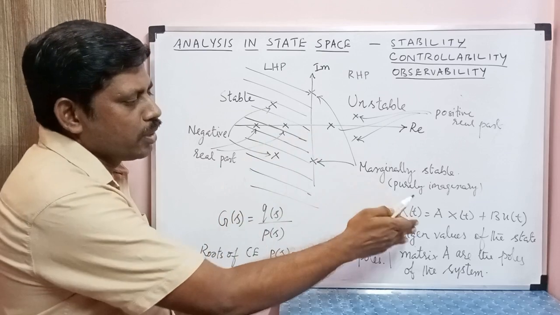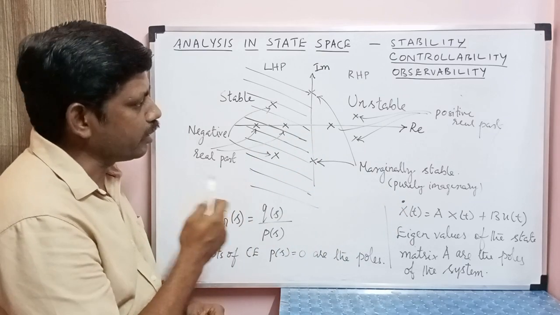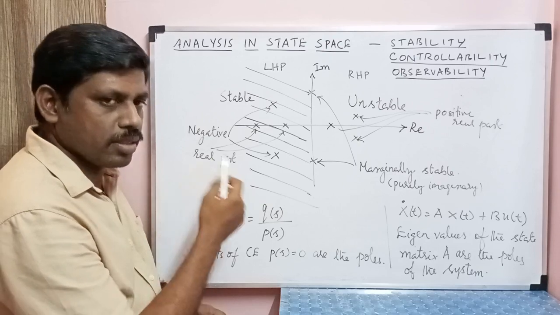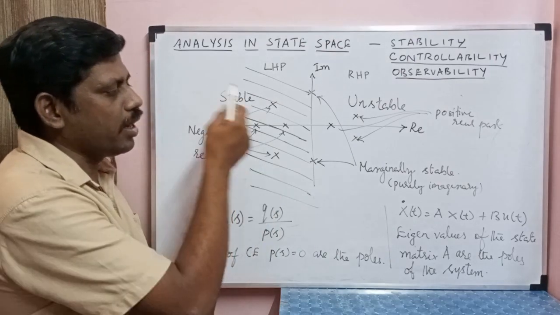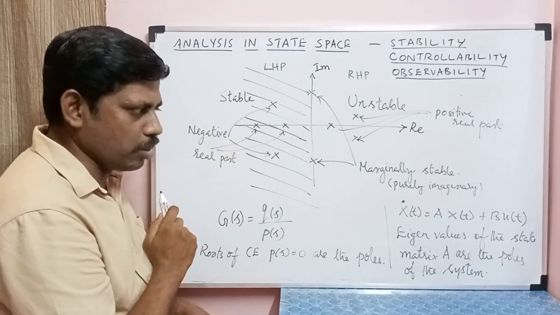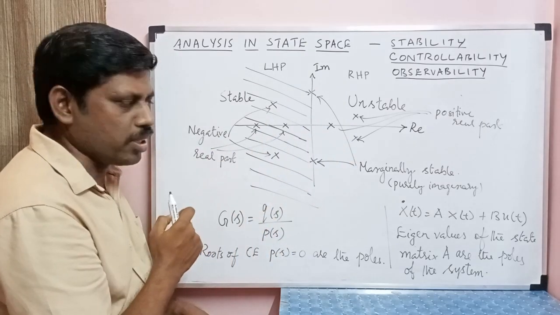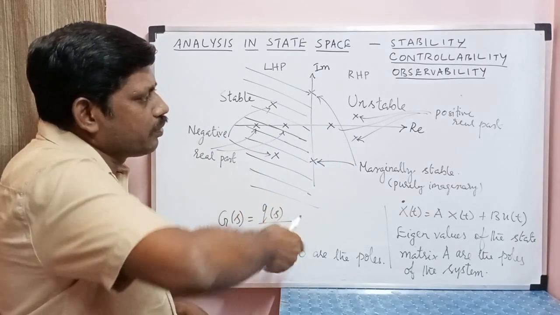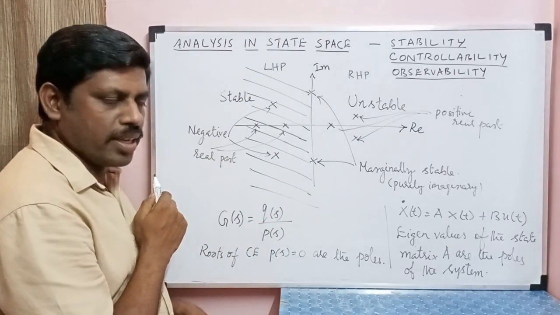Therefore, with the state space model, we analyze the stability of a system again like this: if the eigenvalues are lying on the left half plane, the system is going to be stable. If the eigenvalues are lying on the right half plane, the system is unstable. And if the eigenvalues are lying on the imaginary axis, then the system is marginally stable.